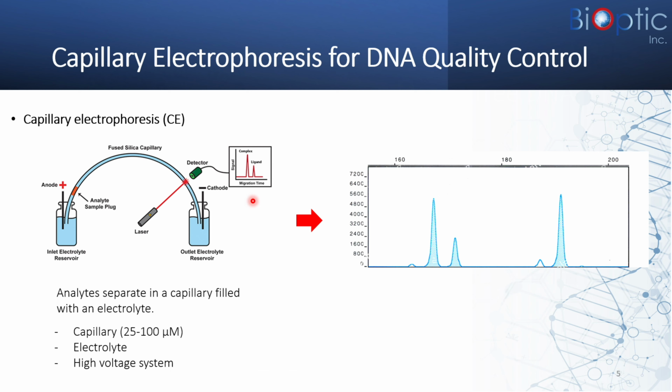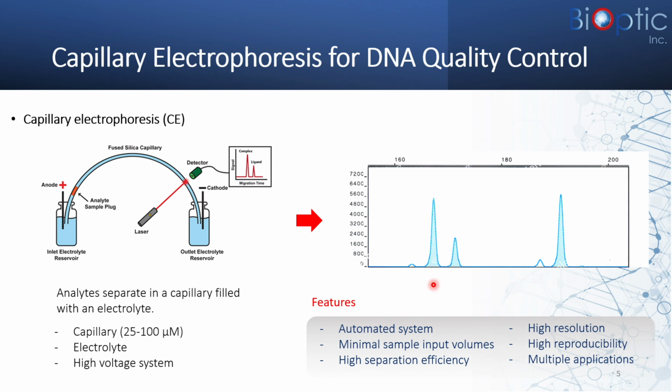When the DNA passes through the detector, it will be converted to a signal. Compared to the traditional slab gel, capillary electrophoresis is fully automatic. Because the DNA is separated in capillary with a 25 to 100 micrometer inner diameter, the sample consumption is low and the resolution is high. The most important thing is that the electrolyte can be changed for different applications.